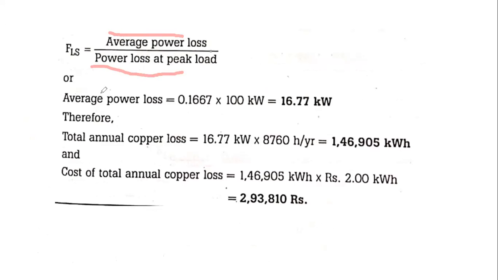Therefore, average power losses is equal to FLS, the loss factor, which was derived in the previous slide, that is 0.1667 into power losses. That will be 100 kilowatts, which is given in the question.